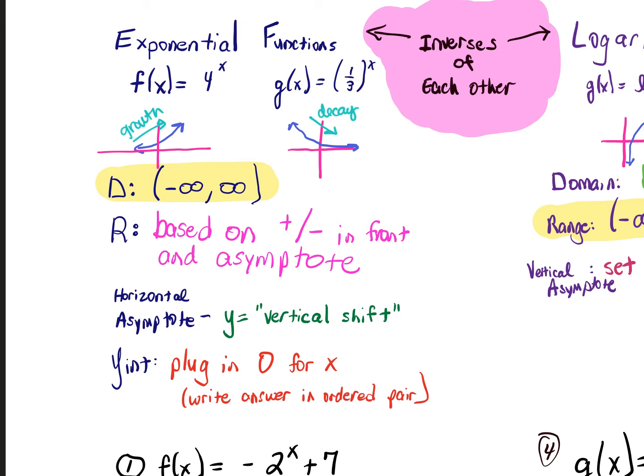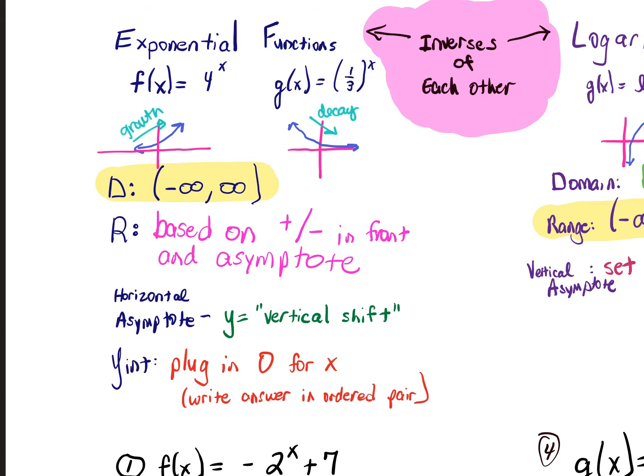So literally, your range for these is going to be from negative infinity up to a number with parentheses on both, or that number to infinity with parentheses on both. You're going to take the vertical shift number that you see with those, and that's going to give you the number within your interval notation.